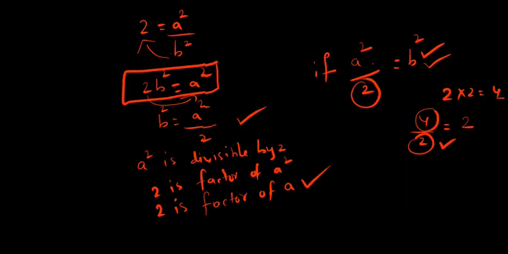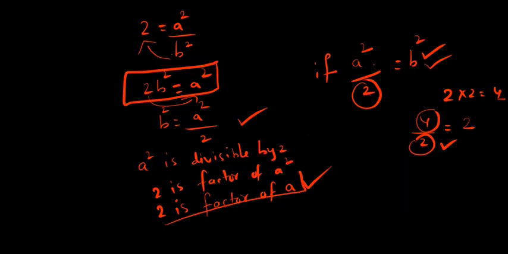That means a equal to 2 into some number, that we take as k. Then a equal to 2k. K is also a rational number like a and b.